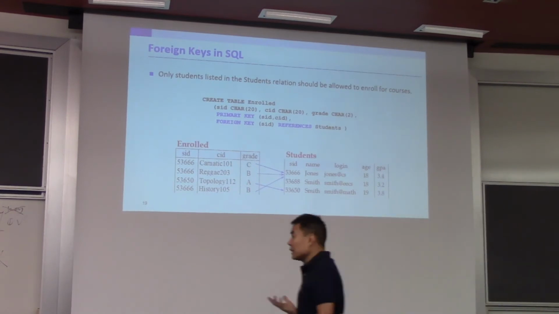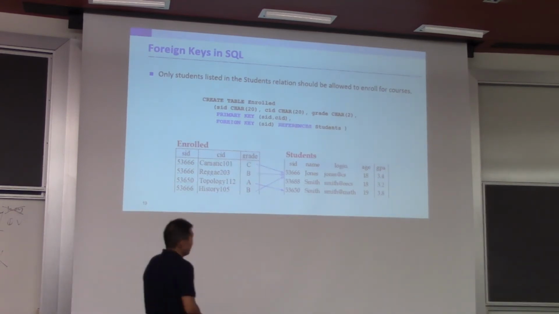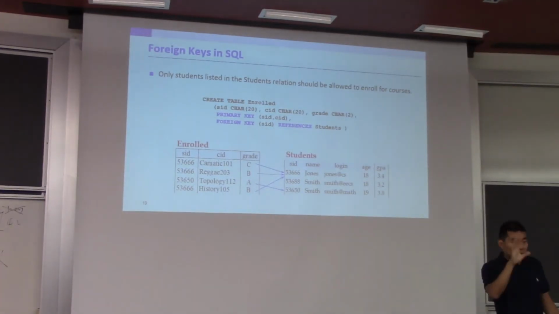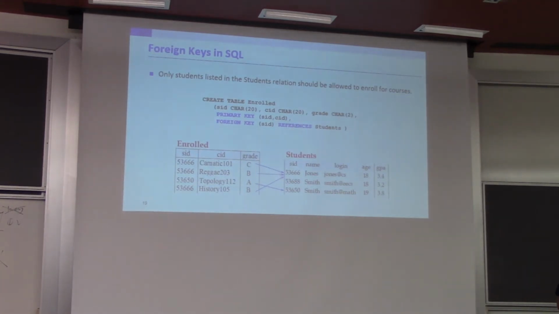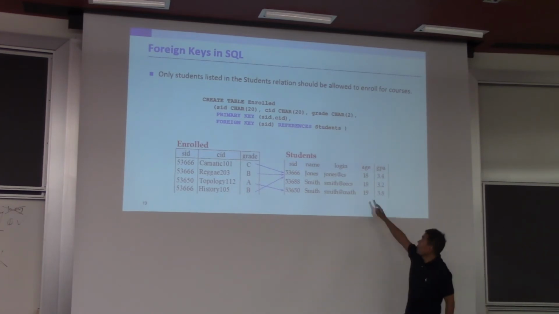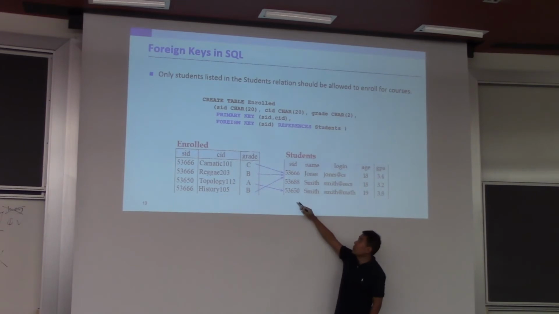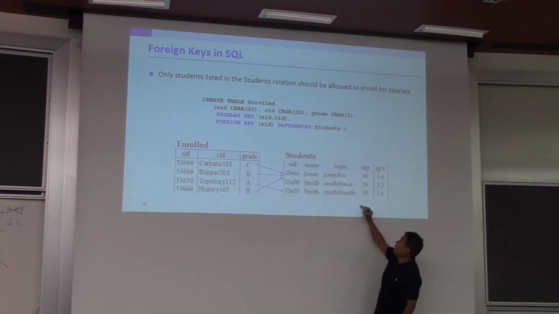There are more sophisticated examples. I'll give you another example. Let's say in my university, one admission rule, again, this is only a hypothesis, it's not a real world example. Let's say I have some minimum age requirement for admission. Let's say I only admit students who are at least 18 years or older. How do you specify that constraint? You can no longer say age is an integer to satisfy that constraint, because I can perfectly okay insert a new record saying student ID, name, login, at age 16.